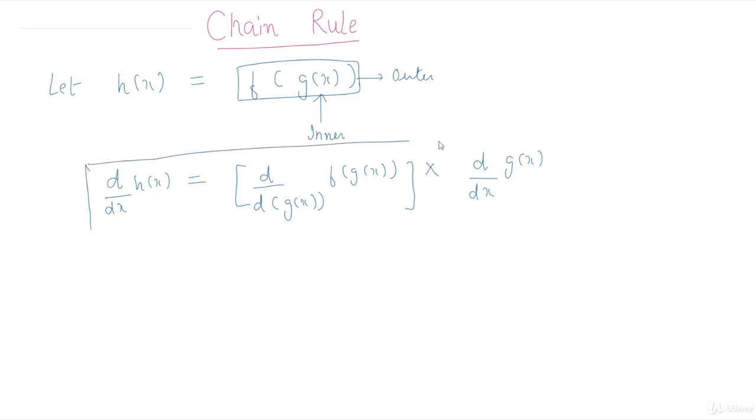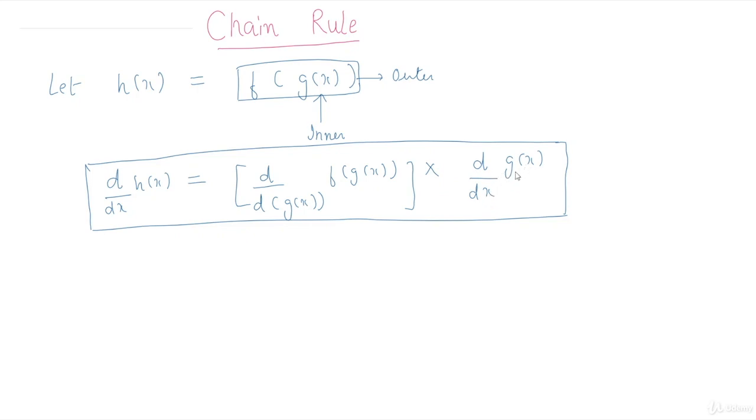So it might look a little tricky for now, but this is actually very easy to memorize. In order to remember this, first we need to differentiate this whole composite function with respect to the inner function, that is g of x here. And after that, it is multiplied by the differentiation of the inner function with respect to the parameter on which it is defined, which could be anything.